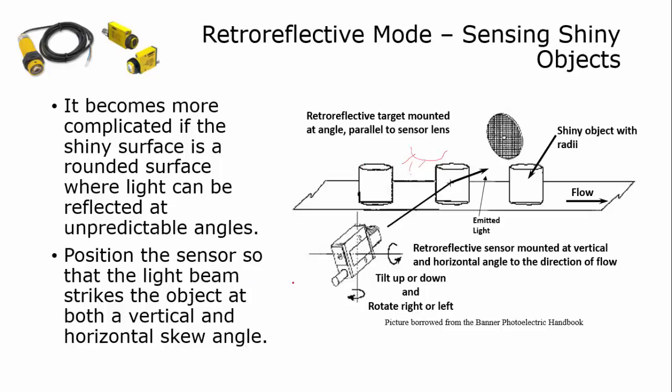However, if you tilt and rotate the sensor, and you can see here we're tilting it and rotating it and putting the reflector on this side, you can usually get a good angle and a good adjustment on it so that no light gets back to the receiver when that shiny object is in front of it.